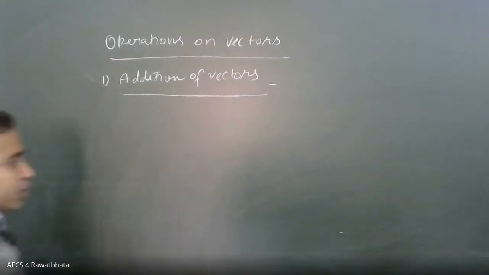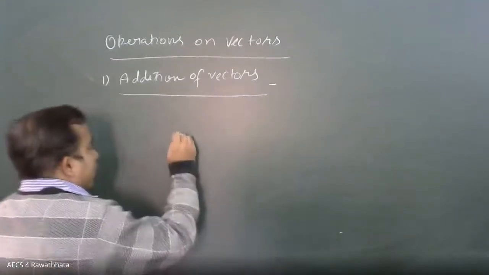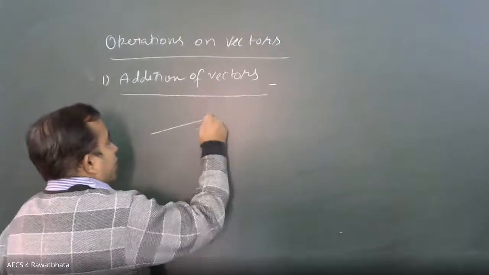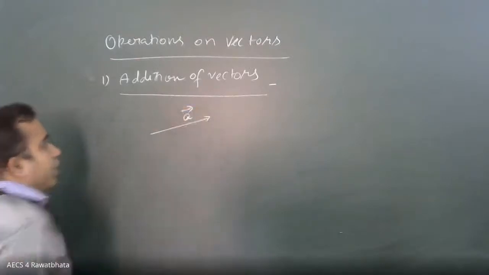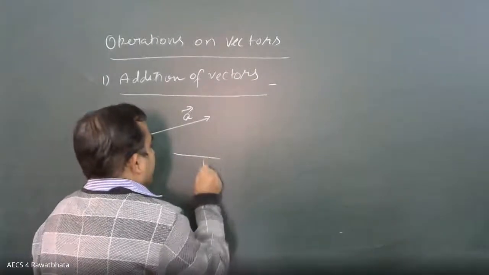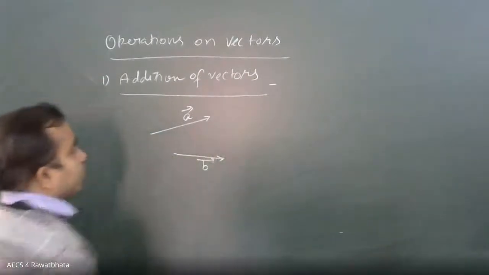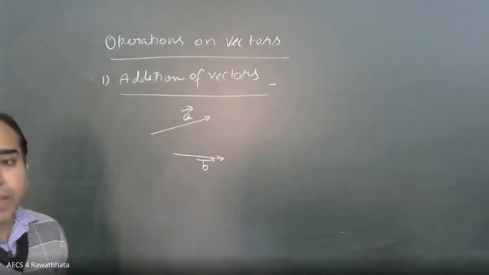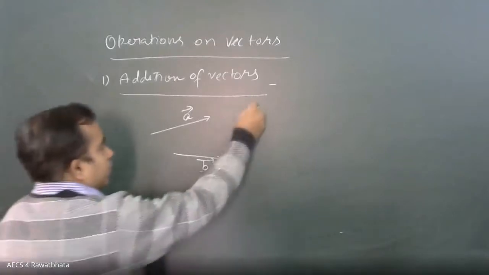And addition of vectors, we used in the past also. Suppose this is a vector A and this is a vector B, and if you have to add them, then there's a method known as the triangle method.